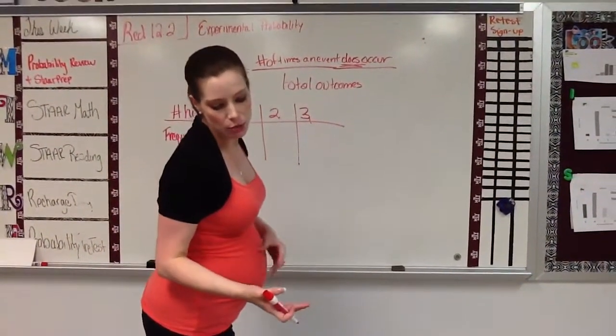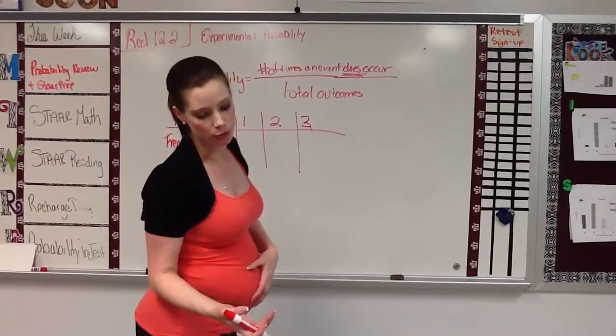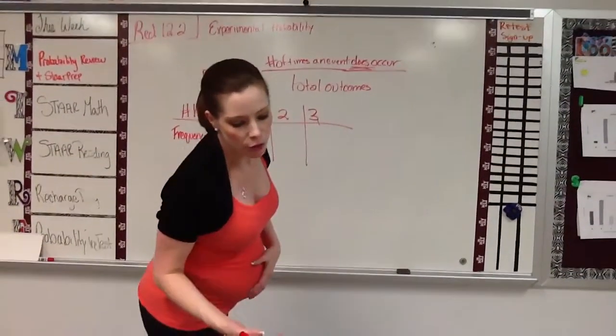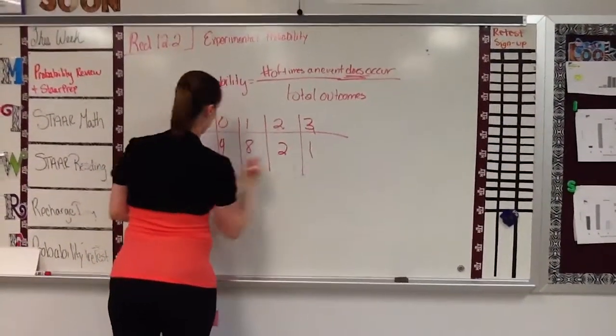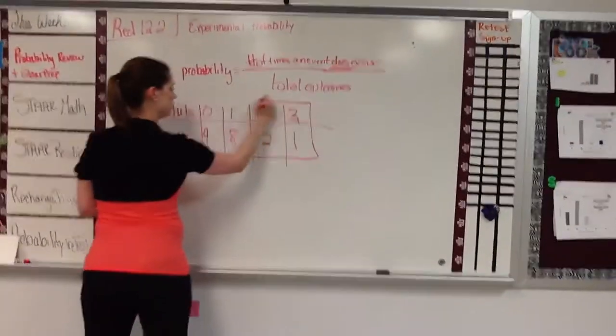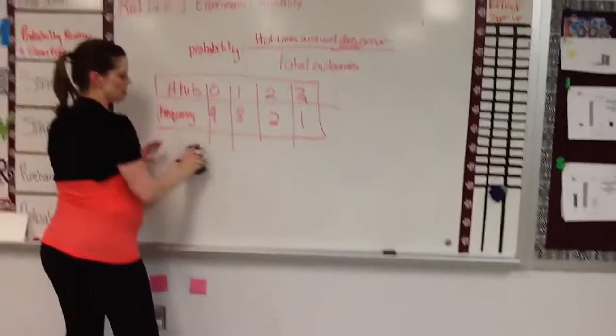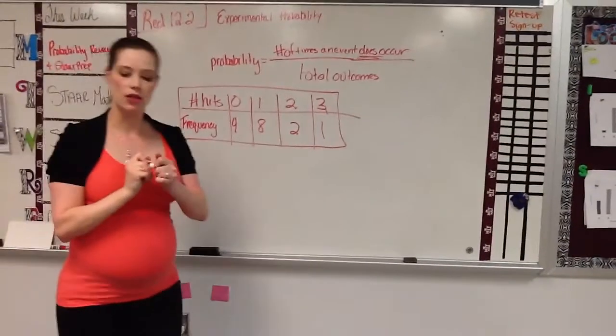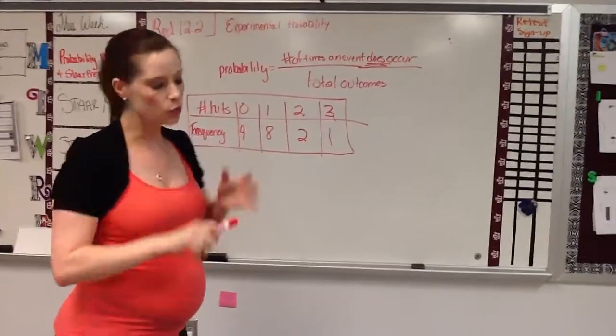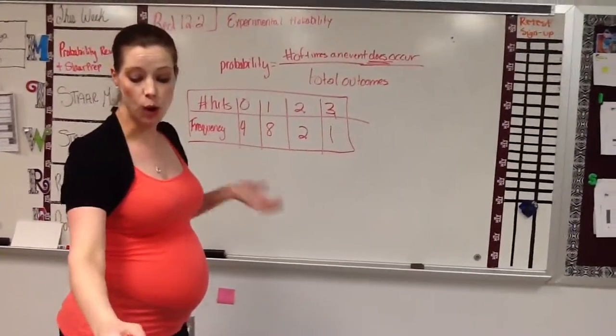And this is actually question number 2 on page 674 of your book. We've got 4, 8, 2, and 1. So there's our frequency table. And we can find the experimental probability that this baseball player will make 1 hit in a game.